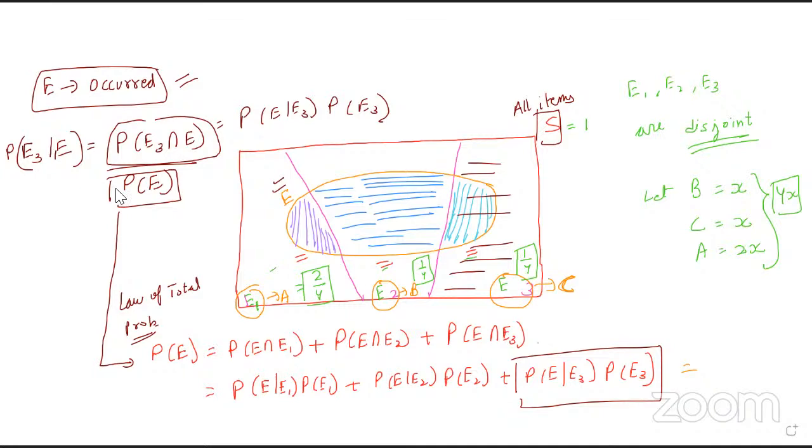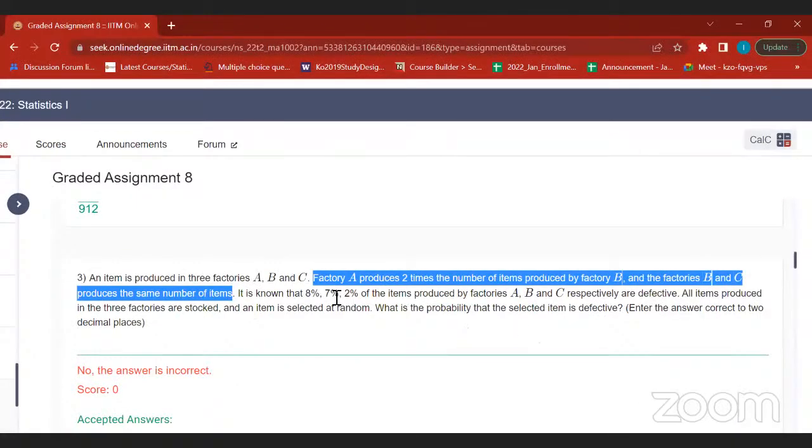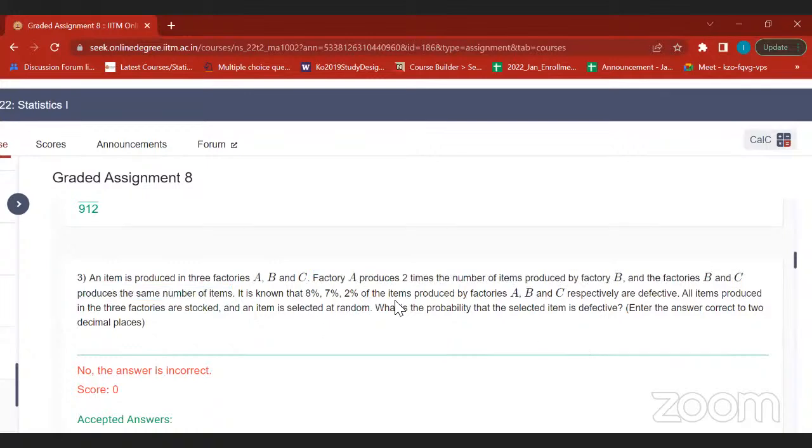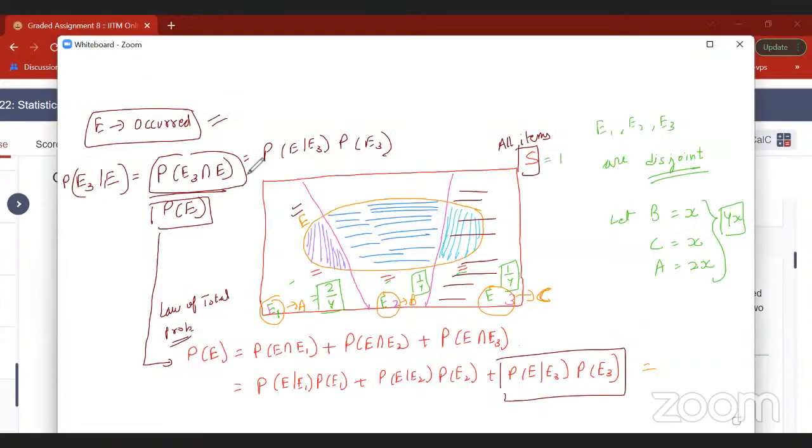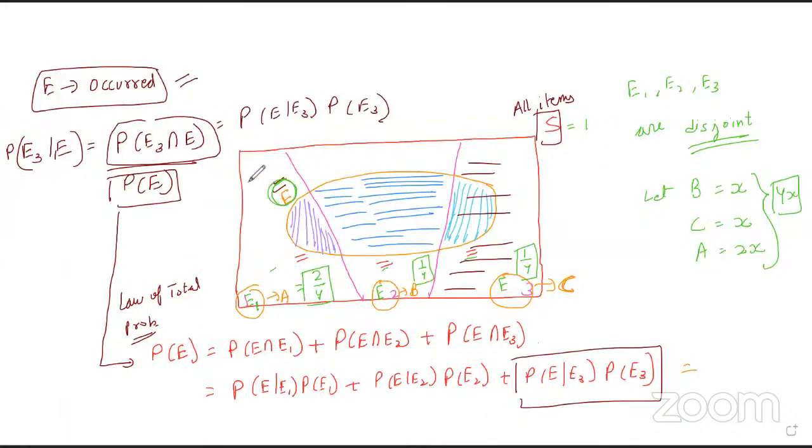Next, it is known that 8, 7, and 2 percent respectively are defective. Now suppose this is my event E: the product is defective.